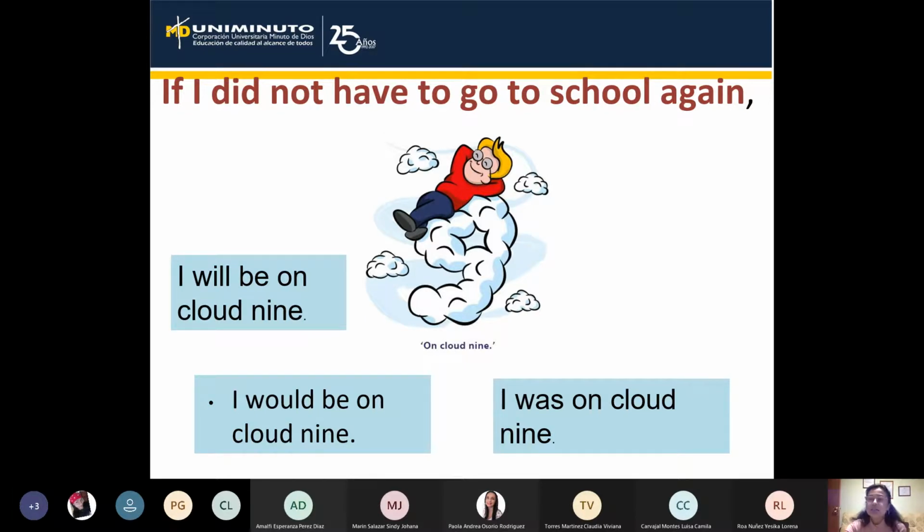And here you have if, mire, y con este if tenemos pasado. If I didn't. Entonces, ¿cuál sería la segunda parte de esta condicional? Conditional 1, 2 o conditional 0. Si tenemos pasado, ¿qué condicional tenemos? 0, 1 o 2.